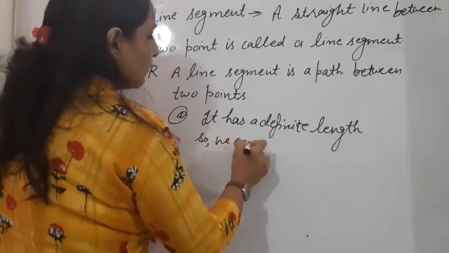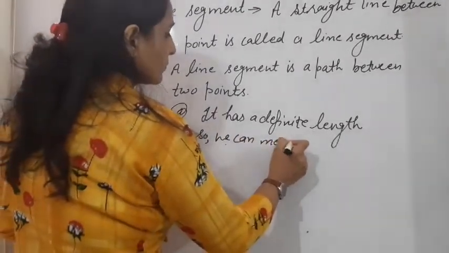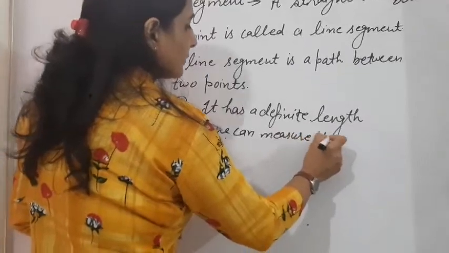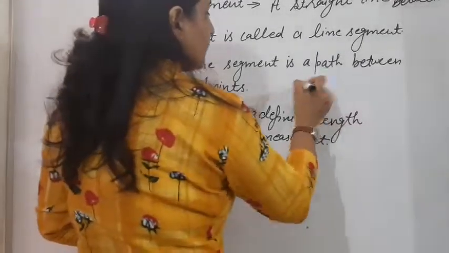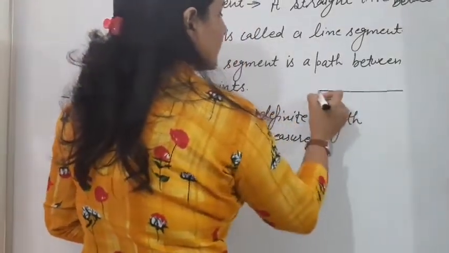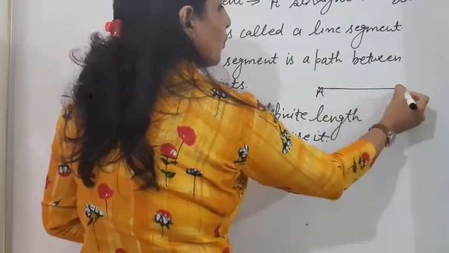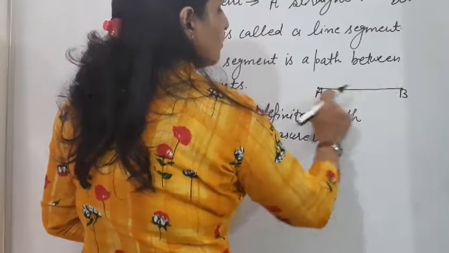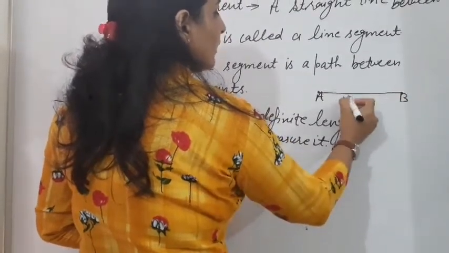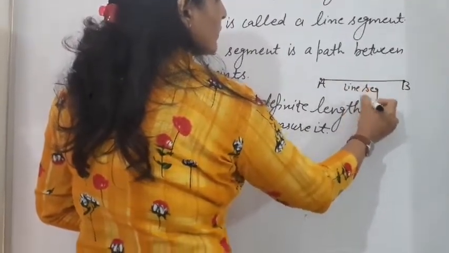How do we measure it? For example, this is the line segment AB. Here I am taking 2 points, and when we join both these points, this is the line segment.